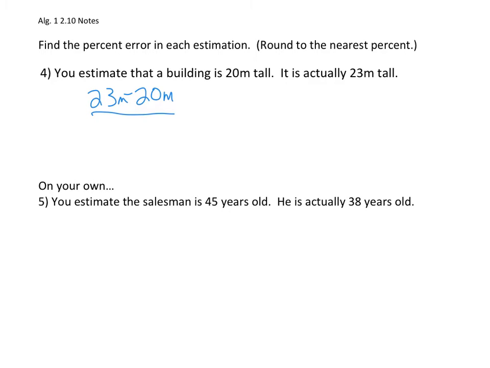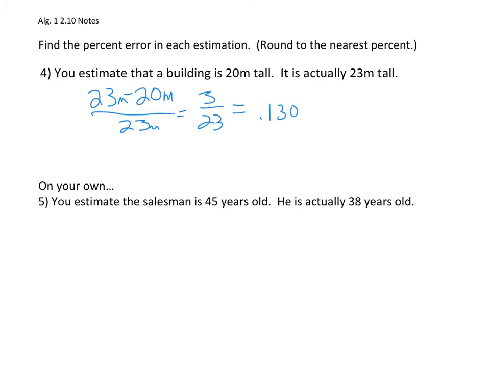If the building is actually 23 meters tall, then that's our original amount, so that goes in our denominator. So we have a difference of 3 meters over 23. I do need a calculator, not gonna lie to you. 3 divided by 23 is going to be decimal 0.130 and some change.